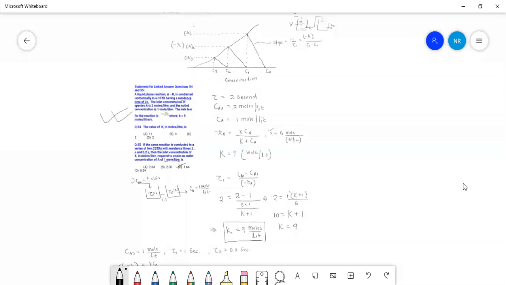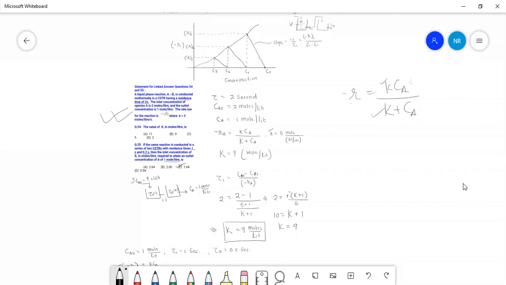Now to get this graph, for example, we have minus r is equal to small k CA divided by capital K plus CA. Now what we have to do is generalize. We put different values of concentration, and then we can find out the rate.